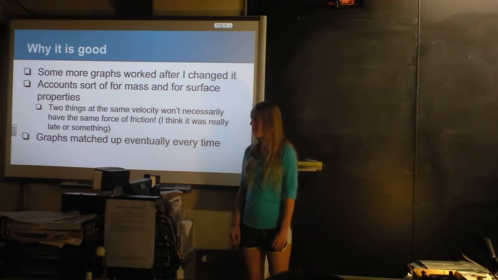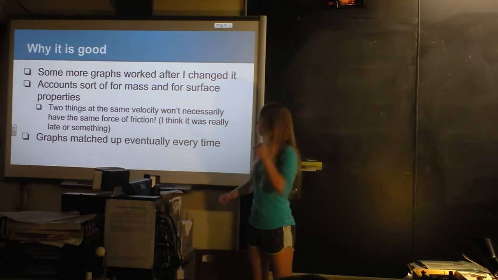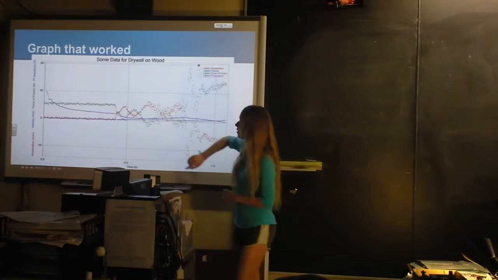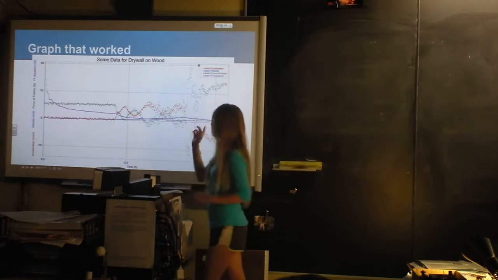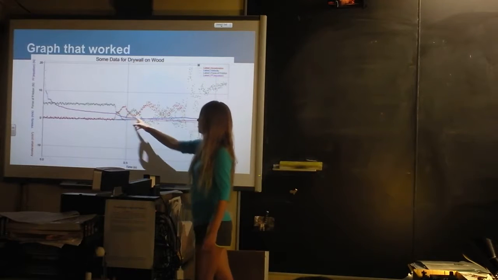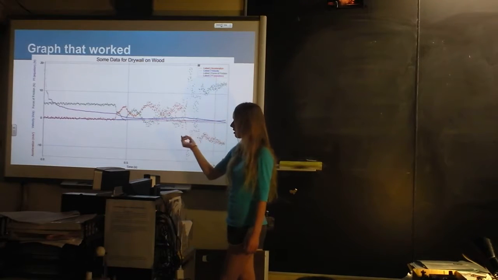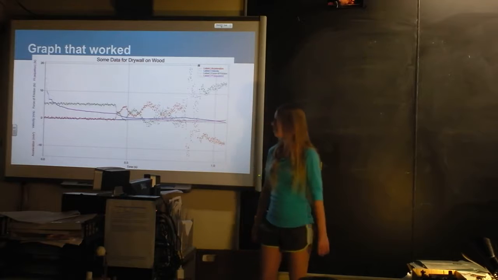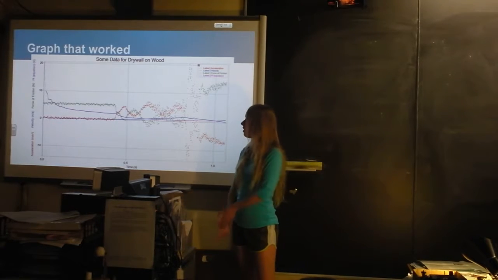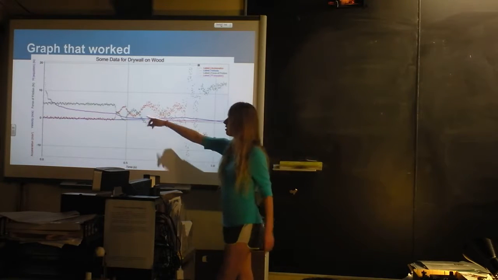So what was happening was, I'll just show it. Some of these graphs worked really well. The purple is what the force of friction should be according to my equation, and the green is my measured data. On some of the graphs it wasn't matching up until the end.